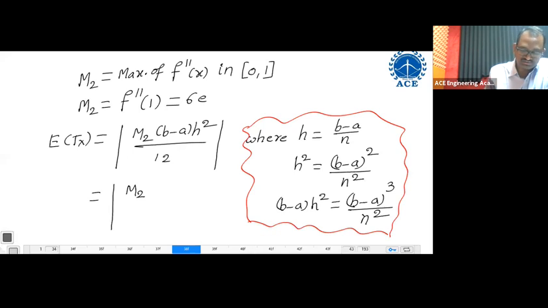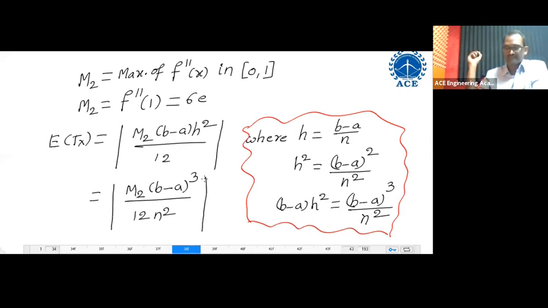So substitute this h value, b minus a into h square value, (b minus a) whole cube by n square. Denominator already 12 is there, 12 n square. Substitute.